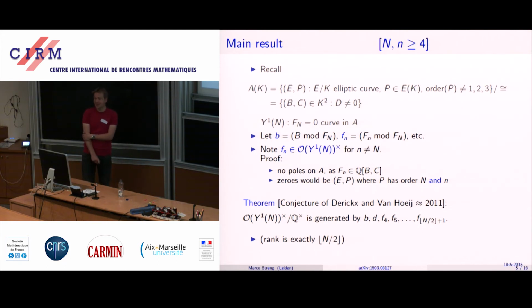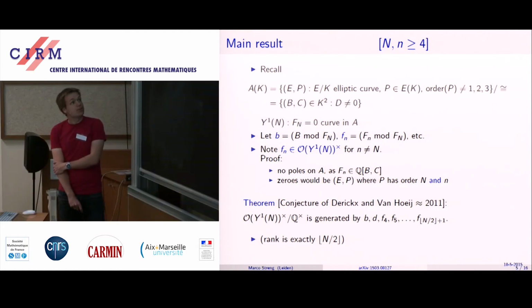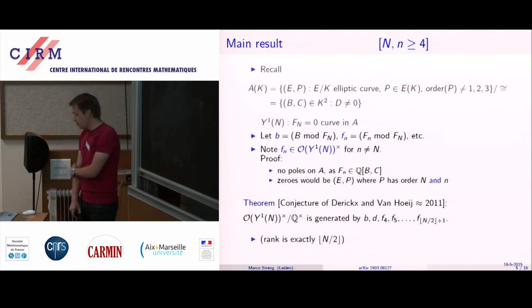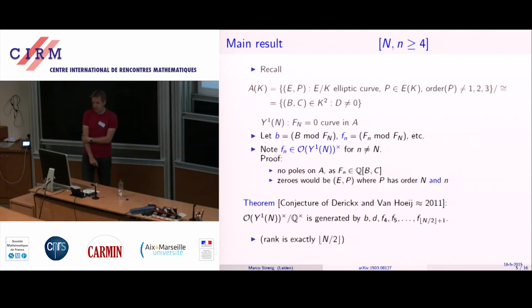So here we have all of these functions, which are actually modular units, and it was observed by Maarten Derickx and Mark van Hoeij a while ago that for N up to 100, this whole group was just generated by these functions f_n, which we can only do for n greater than or equal to 4 because of the restriction on the order. To get the Tate normal form, we had to have order not 1, 2, or 3.